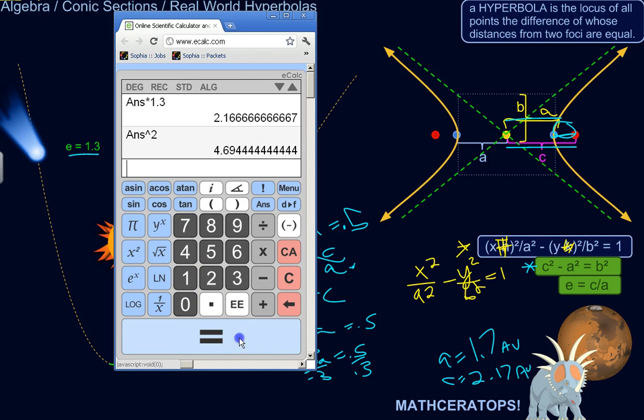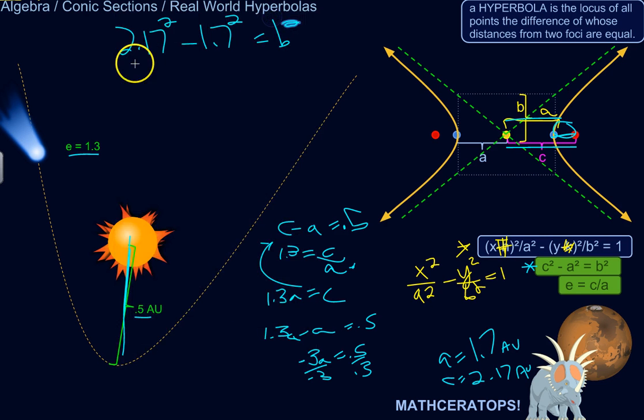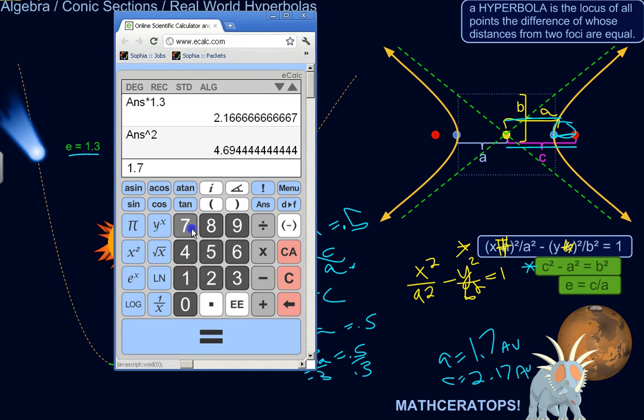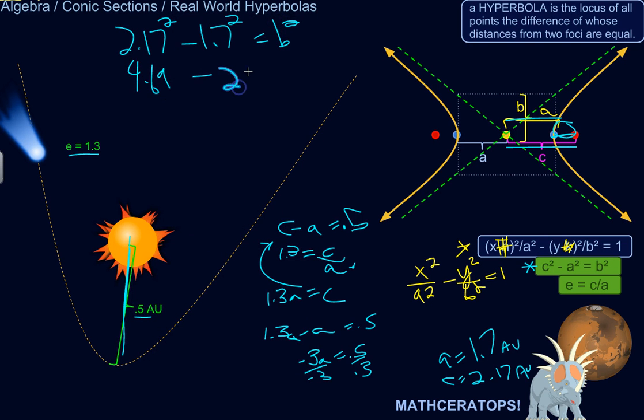So 2.17 squared is 4.69, and 1.7 squared is 2.89. That is equal to b squared.